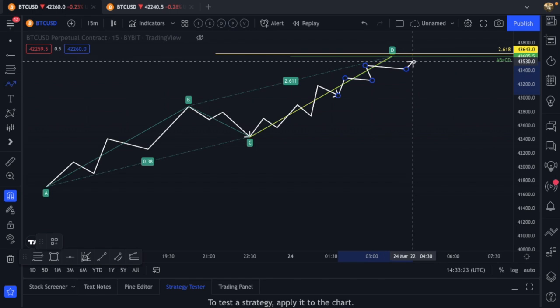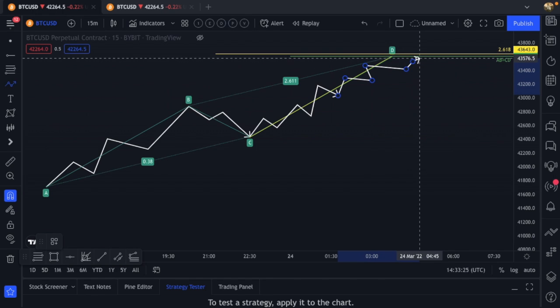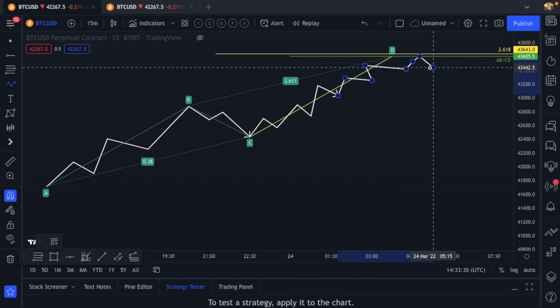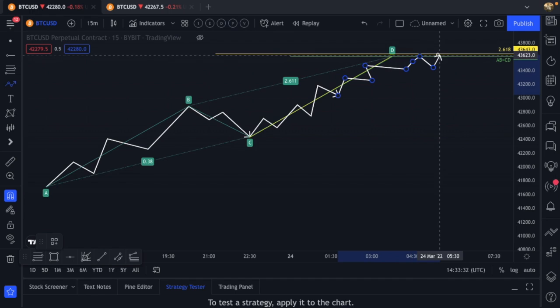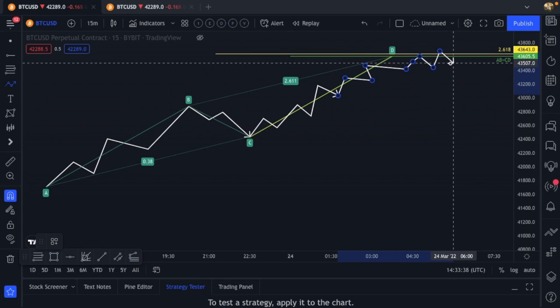Oh, that one went backwards. Wow. And you might get a test of this first level and it'll come down, but you don't buy yet. You need price to come through both of these levels. And once it has hit this zone and cleared it, then we are going to watch for price action.